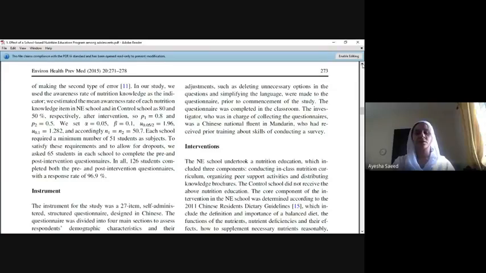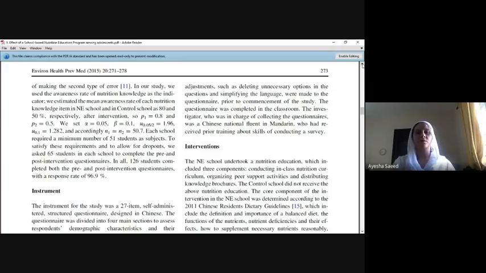So there were three elements. Nutrition was imparted as a curriculum, as a subject. There were peer support activities. It means that there were interactive activities between the students themselves, and brochures were distributed. The control school did not receive the above nutrition education. All the three elements were not provided to the control school.